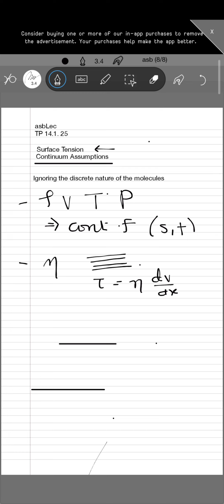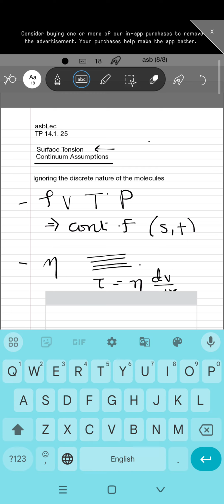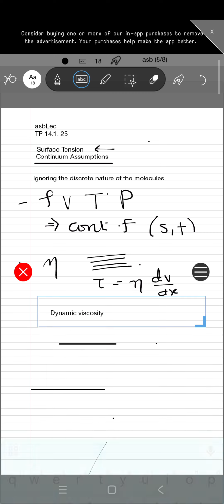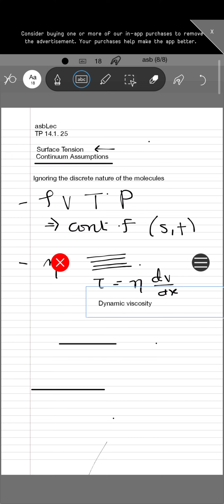This viscosity is called the dynamic viscosity.